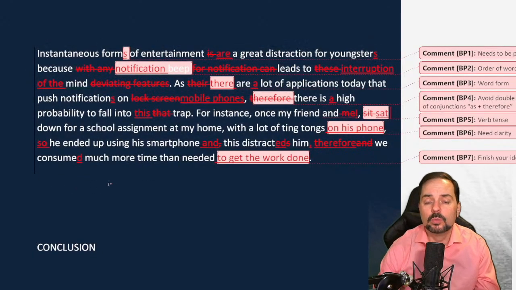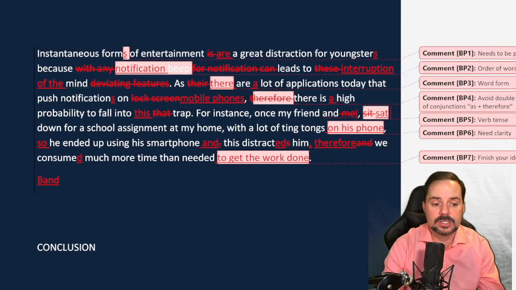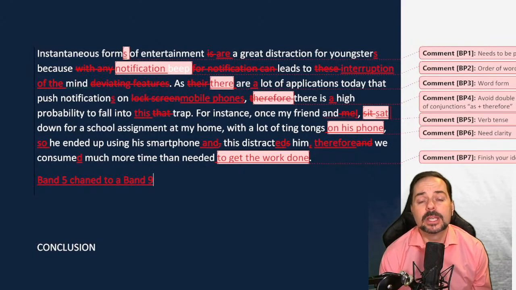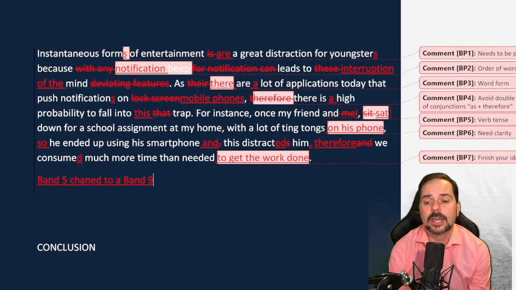The original would be about a band 5, okay? So this is a band 5 to a change to a band 9. And again, an IELTS examiner is not going to make all of these corrections when they're marking the essay. In my opinion, they should, but they don't have enough time to do that, okay?